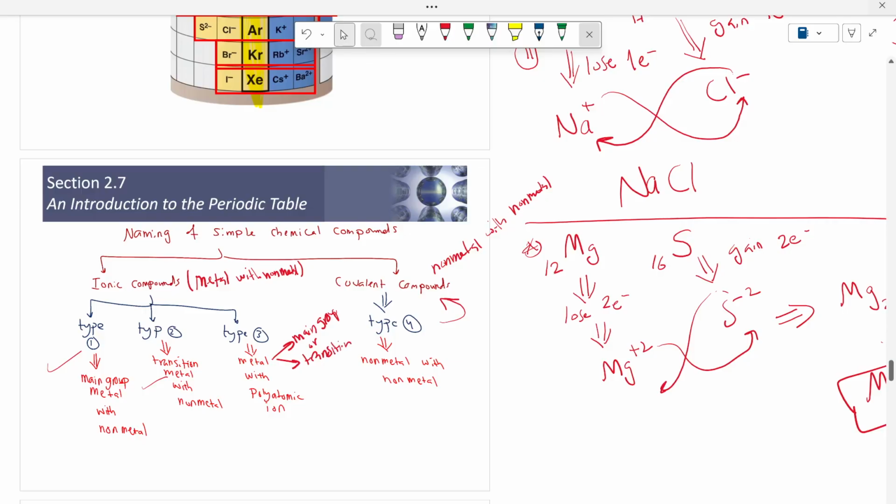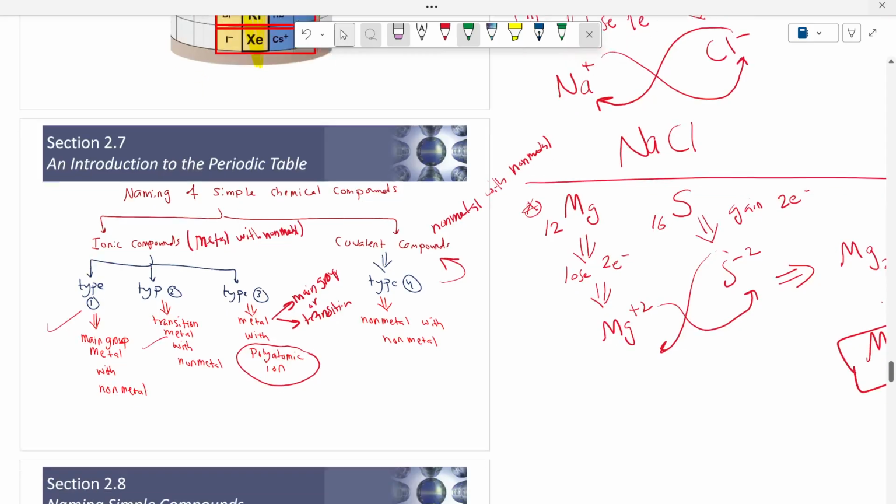Both are acceptable here in type 3. Main group or transition, it doesn't matter. With something called a polyatomic ion. What we mean by polyatomic ion, we'll explain later. Type 4 is very different, because in type 4 you have a non-metal with another non-metal. So now I will go through the naming procedure of each type with 1 or 2 examples to end the chapter.